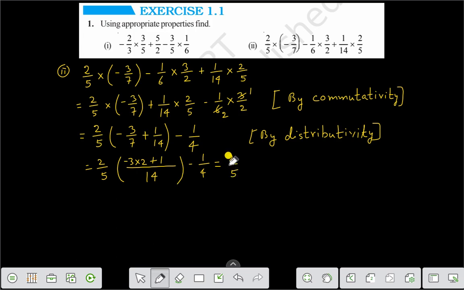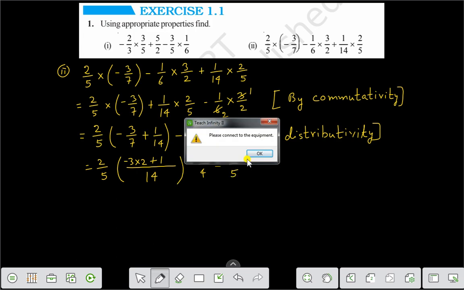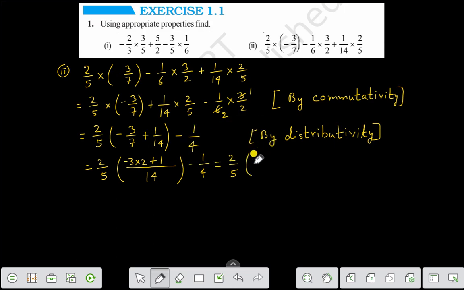In bracket we are getting minus 6 plus 1, that is minus 5 by 14, minus 1 by 4.